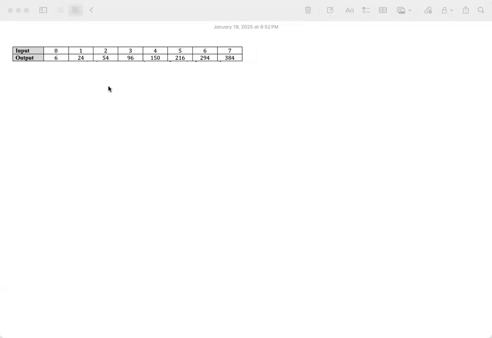You know what? If they give you that this is a polynomial, if you want to find out the degree of the polynomial, find the first difference. This is called the first difference. So what happens? 24 minus 6 is 18. 54 minus 24 is 30. 96 minus 54 is 42, right? 150 minus this is 54.